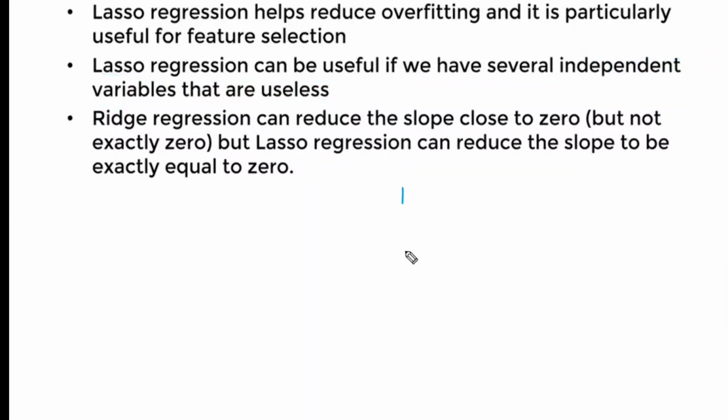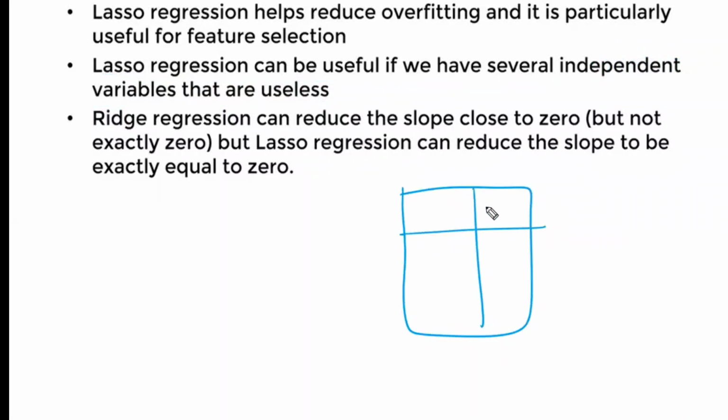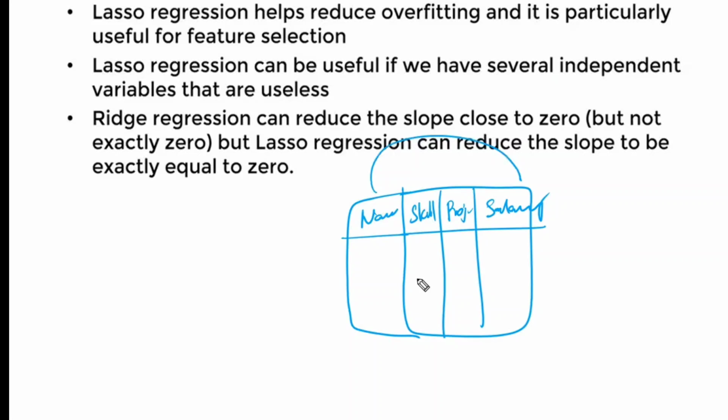For example, I want to predict the salary of a person, the salary of a data scientist. For that, I require the skill set of the person. I require the number of projects, how many projects are done. Now assume there is a column called name of the person. Name of the person and salary, is there any relation?